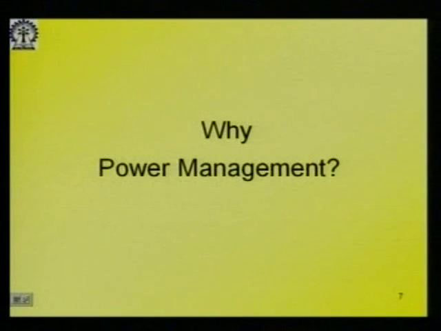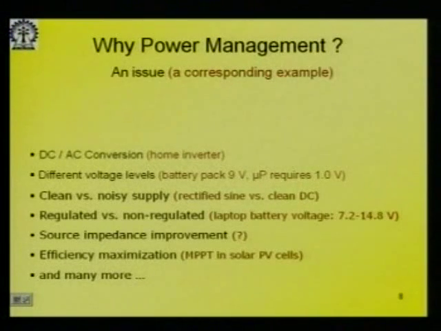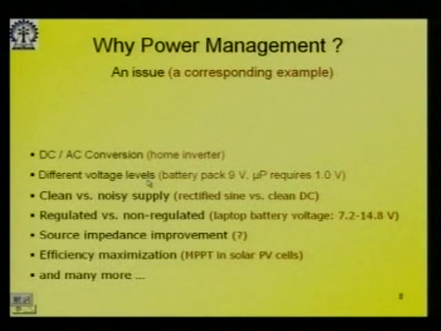Okay, so I have already mentioned why power management, but just to give you more specific examples, there are a few points which are mentioned here. Maybe you can treat it as a summary of what I've told so far. So DC to AC conversion in homes, then different voltage levels need to be matched, and then we need to have clean power supply, right?